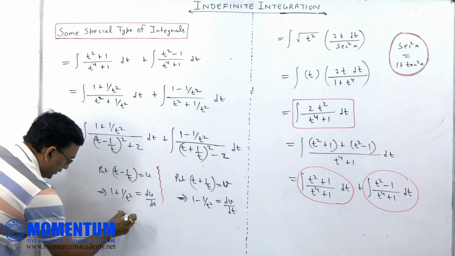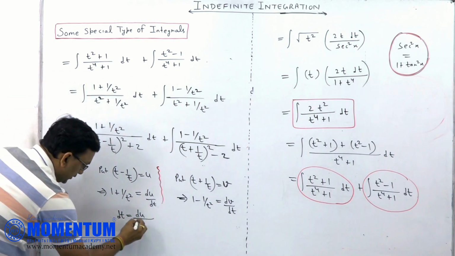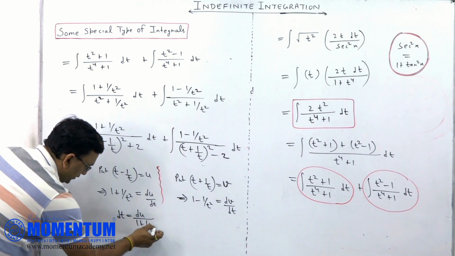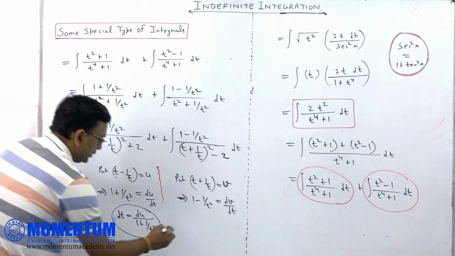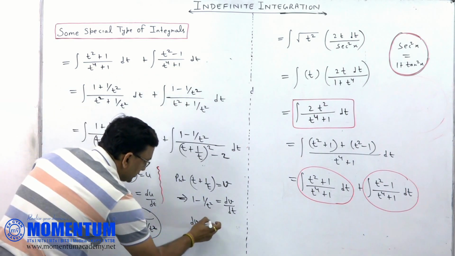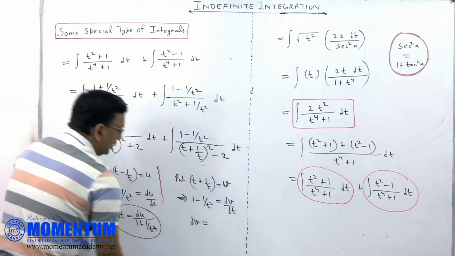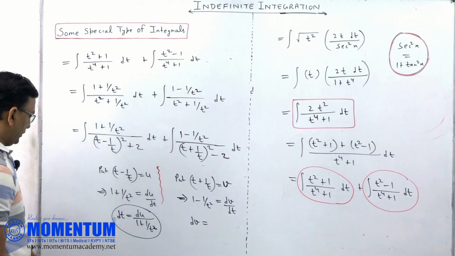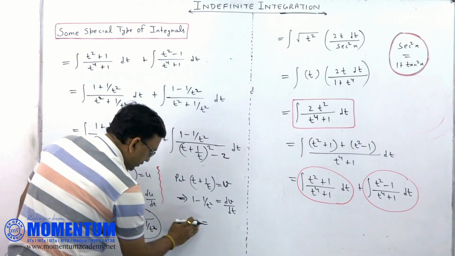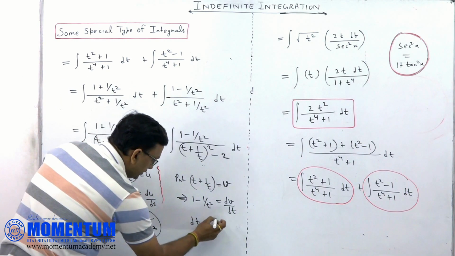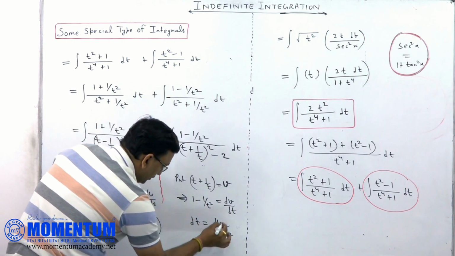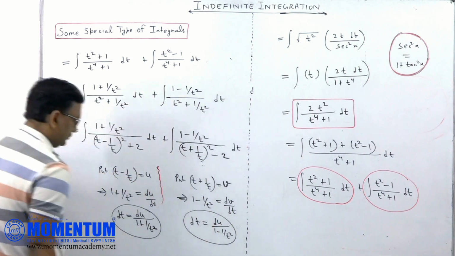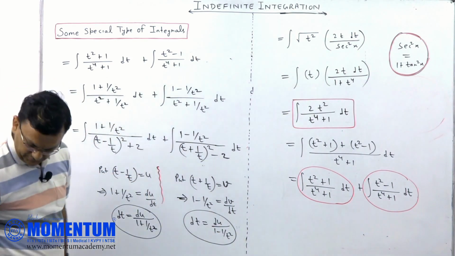So from here dt is equal to du upon 1 plus 1/t square. And from here dt is equal to dv upon 1 minus 1 upon t square. Clear?